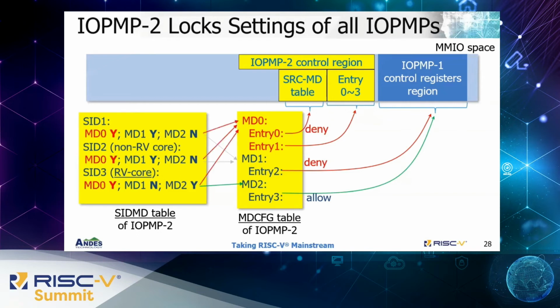Please note that the bus master that is programming IOPMP2 should be the last one to associate with MD0. This is RISC-V code in this example. After these steps, the desired setting is locked and denies any further modification. If you want to remove this constraint, the denying setting that you want to remove also denies your removal.